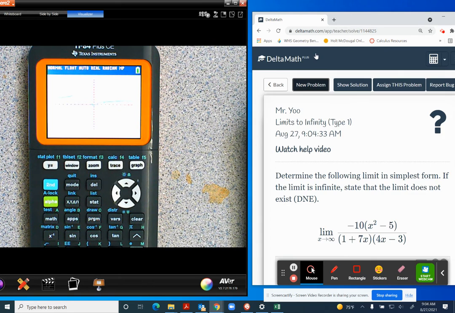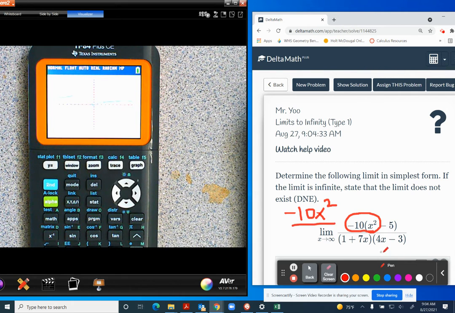All right, new problem. Look, what's the highest power? Isn't it just this one? But make sure you multiply -10 with that. So this is -10x to the 2nd power. And which one is the highest power in the denominator? 7x with 4x.